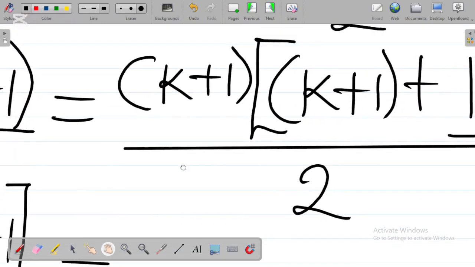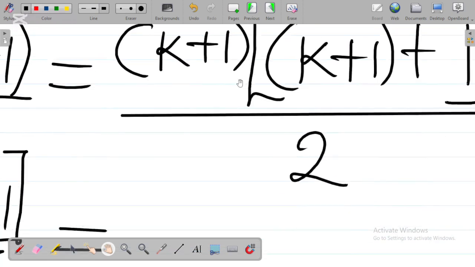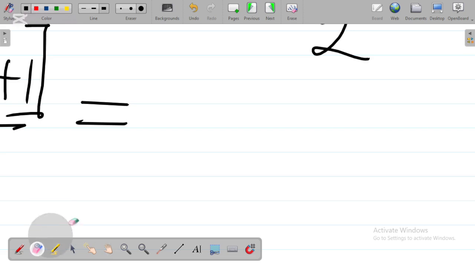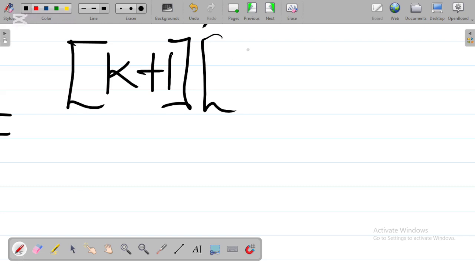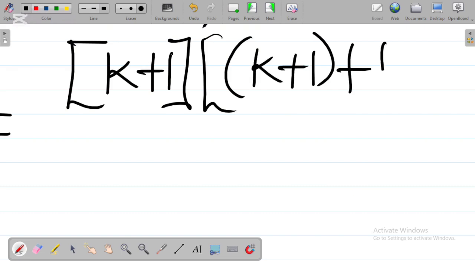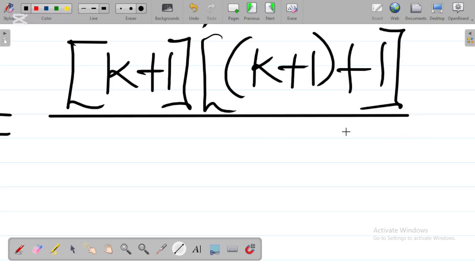So it is equal to, what do we have at the right hand side? We will just write down what we have at the right hand side again. k plus 1 multiplied by k plus 1 and then plus 1, all divided by 2.